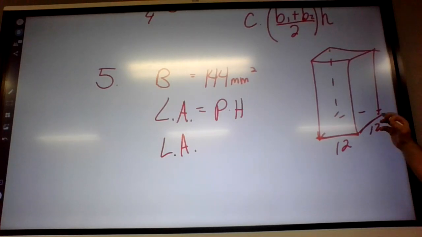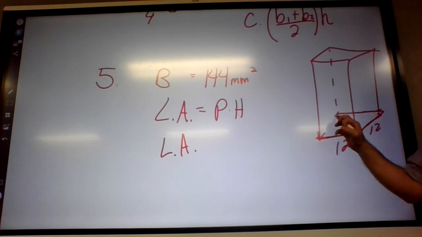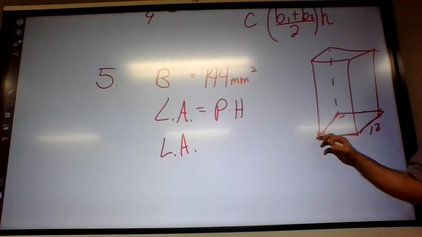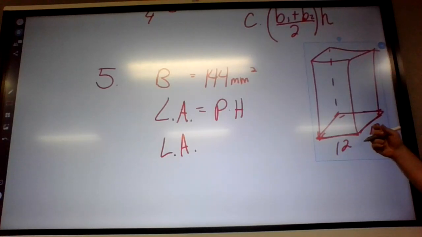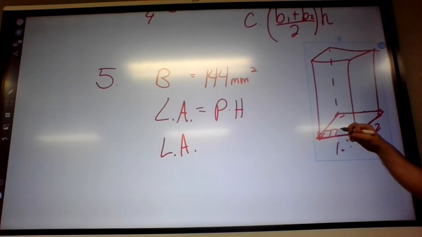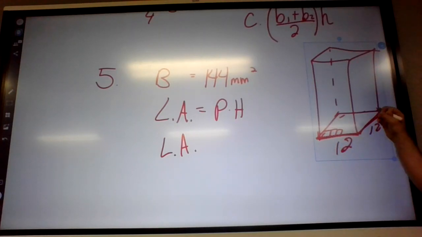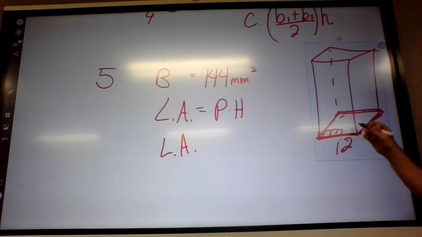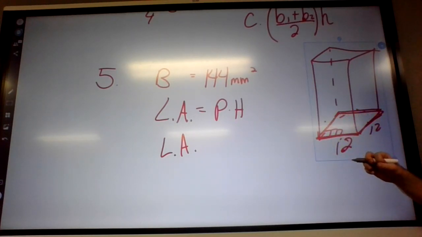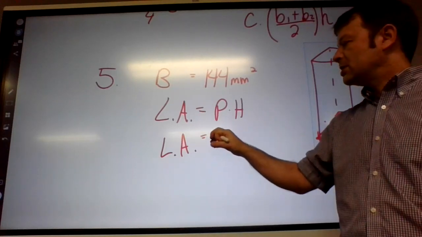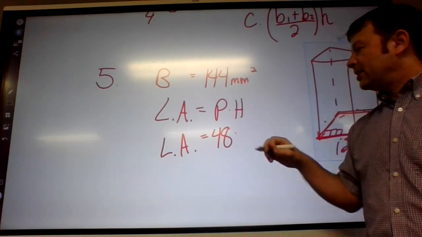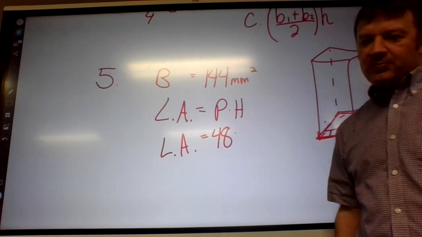What's the perimeter of this base? 12 plus 12. 12 times 12 is the area. That's how many squares fit inside. Perimeter is how long it is around the edges. 12 plus 12 plus 12 plus 12. 48. Okay, times what is the height of this prism?